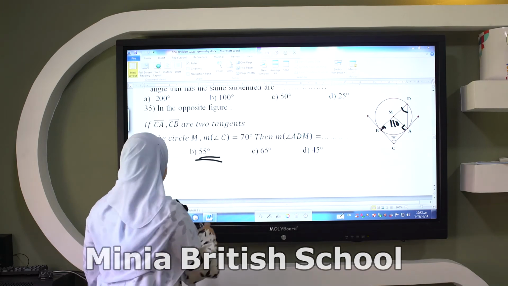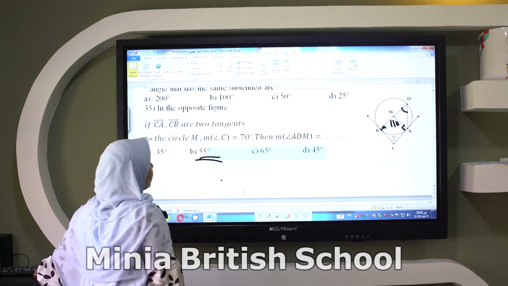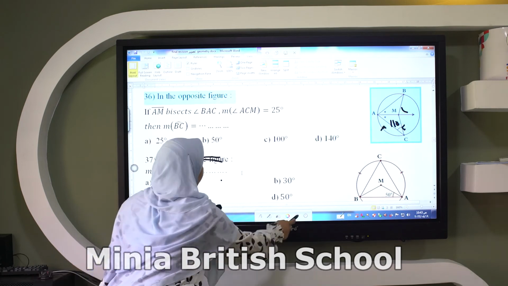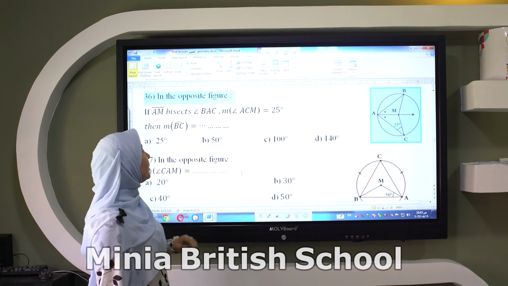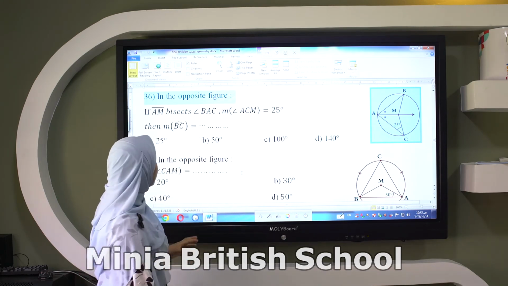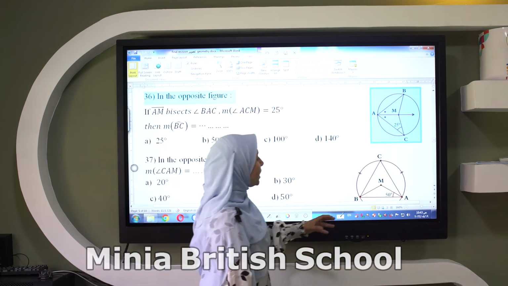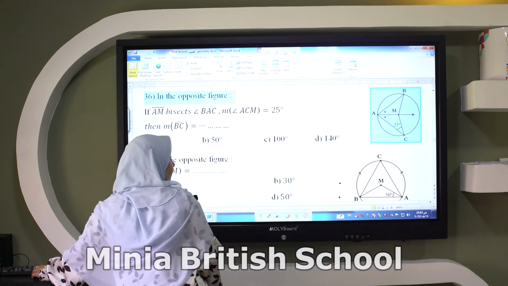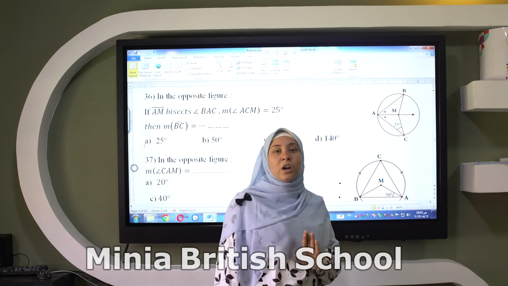Okay, and number 36: if AM bisects this angle PAC like this, and the measure of angle ACM equals 25, then what is the measure of arc PC? Here in this figure, MC equals MA, two radii of the circle.